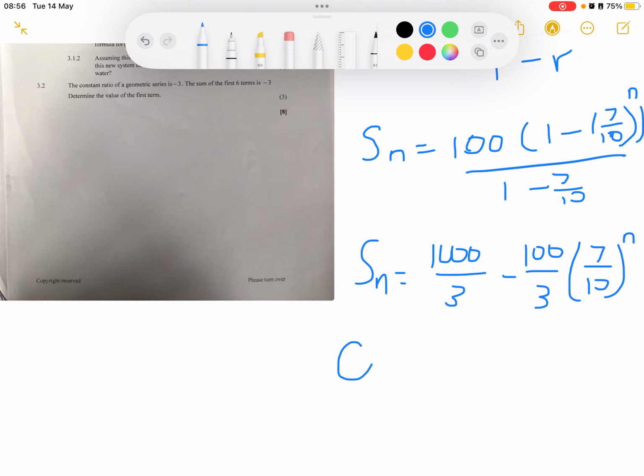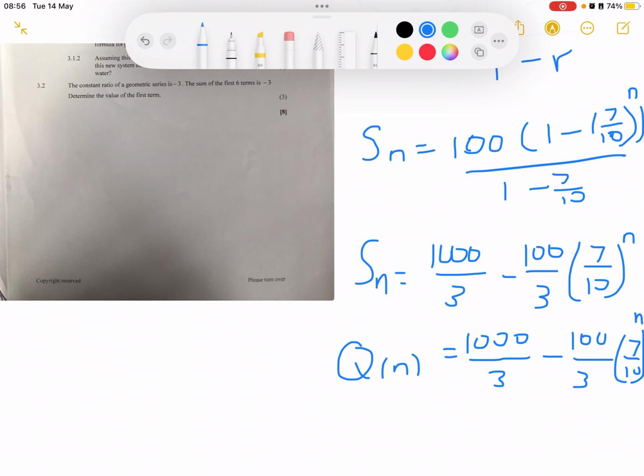But they say we need to report our equation in the format Q of n is equal to 1000 over 3 minus 100 over 3 into 7 over 10 raised to the power of n.